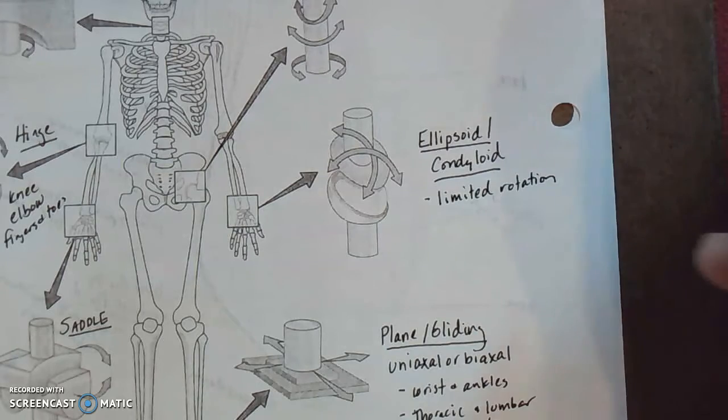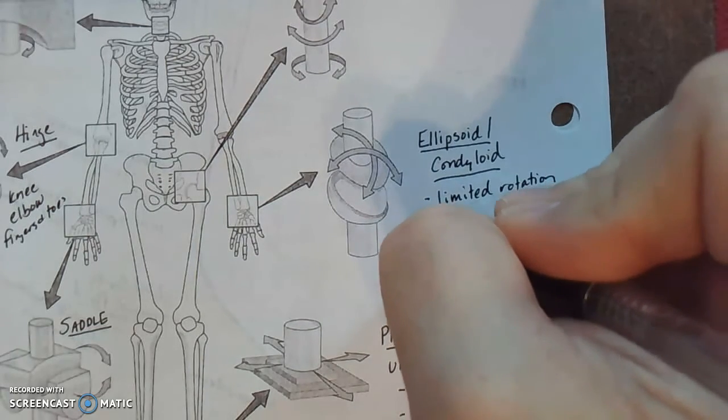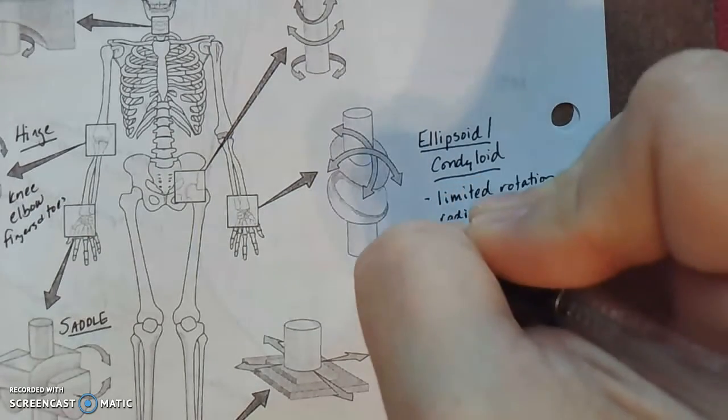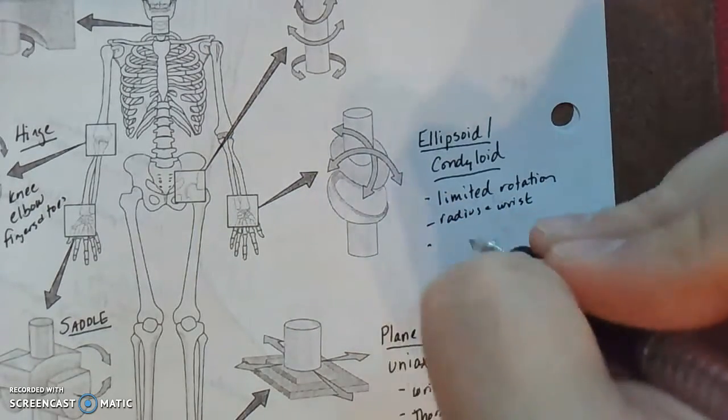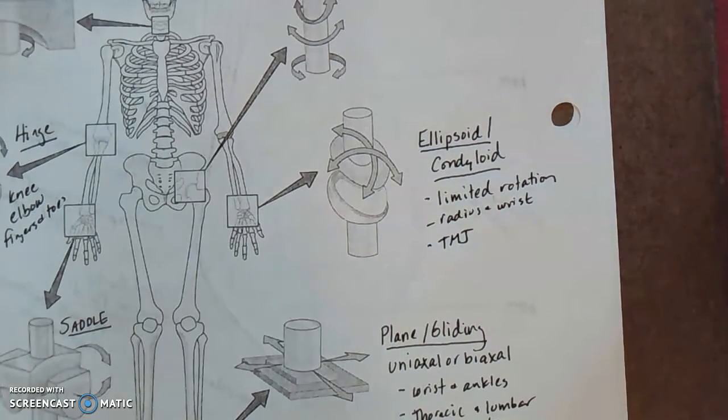So some of the ulna and radius, mainly the radius and wrist, that's one example. Another example would be the temporomandibular joint. So we can move our lower jaw almost in a rotation manner, but it's not quite a full rotation.